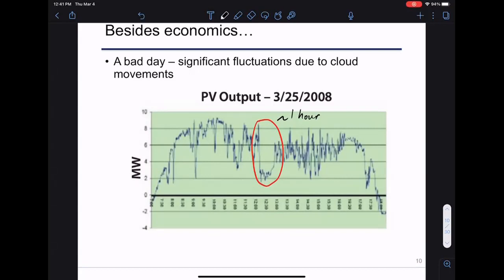A major application for storage is to filter this. Think of the storage as a low pass filter, and your goal is to filter this signal to make it much more smooth looking. The system really wants low pass signals, so you want storage to act like a low pass filter for this.